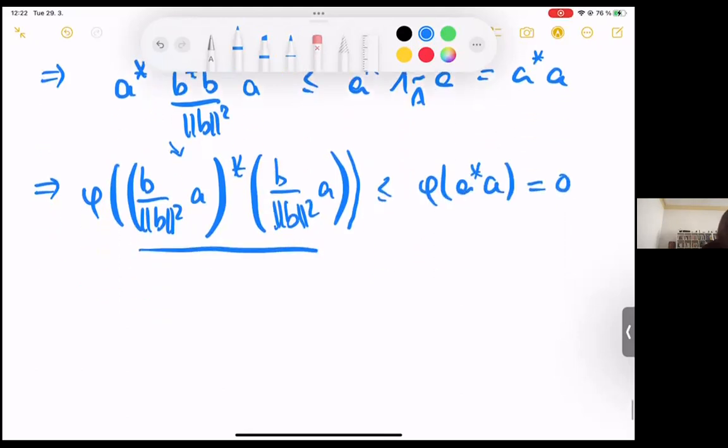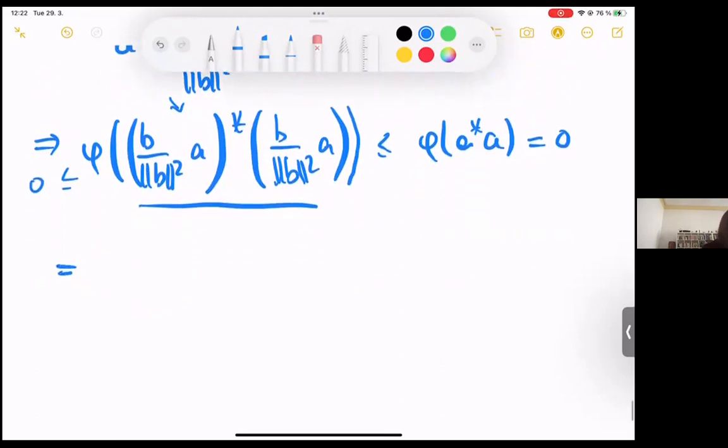But of course, this is a positive element, so that's at least 0, which means that phi of A star B star B A is 0.